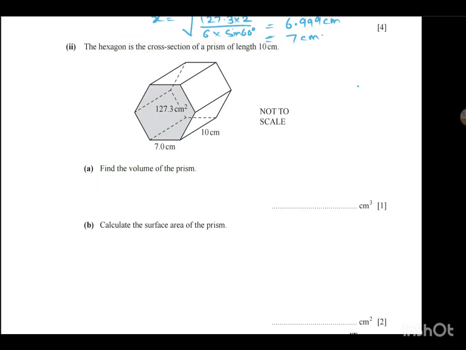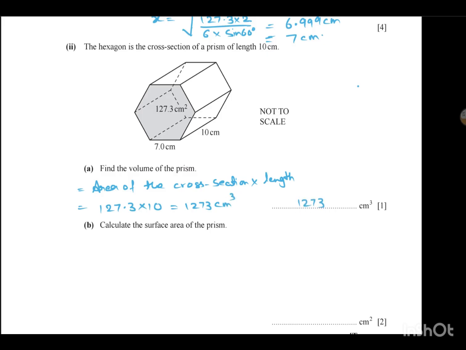So volume of the prism will be area of the cross section multiplied by the length. Area of cross section is 127.3, length is 10, so it is 1273 centimeter cube.